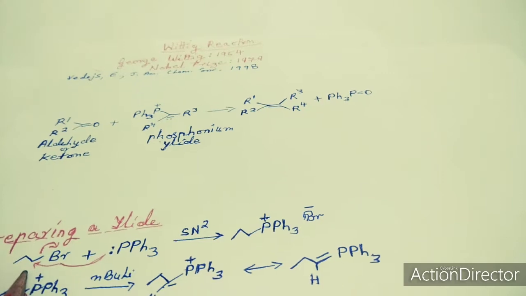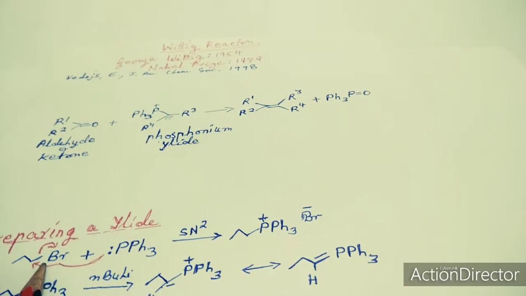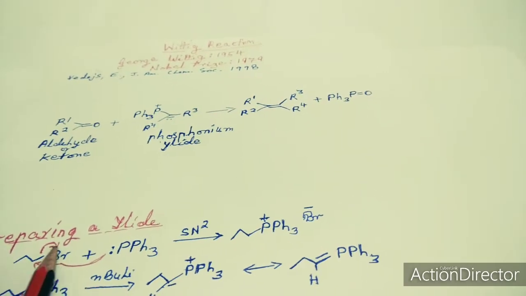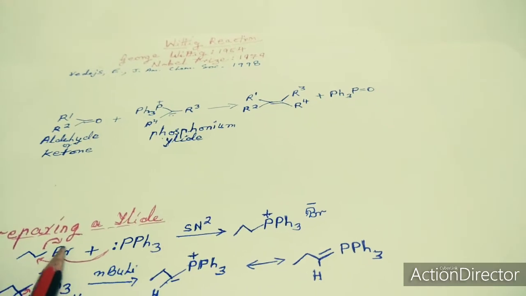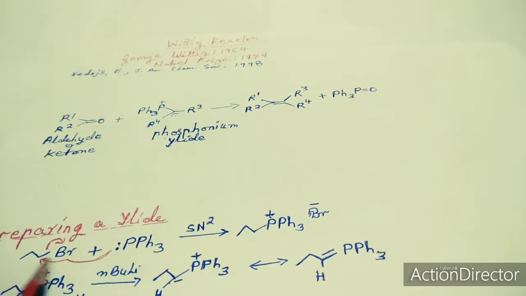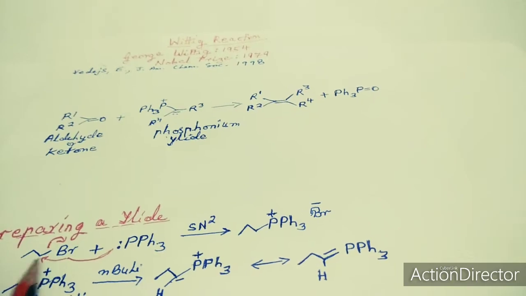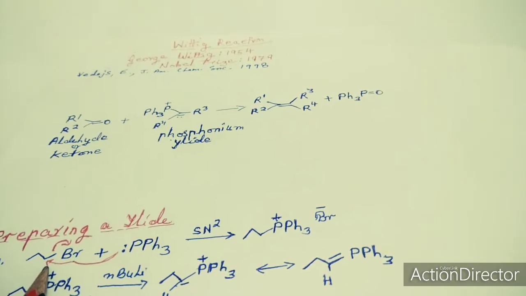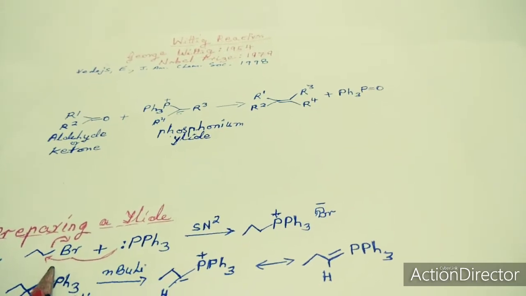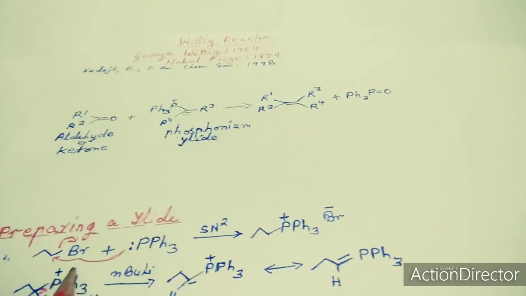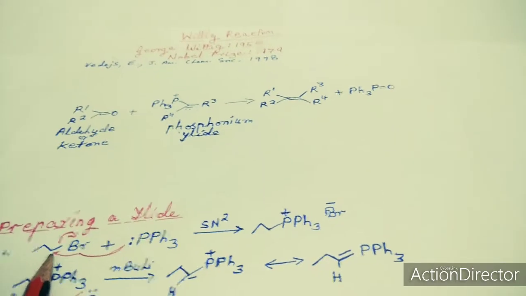Why are they pulled towards the carbon? Because the Br tends to leave as Br negative. This is pulling the electrons towards itself. As a result, this bond becomes weak, and an SN2 substitution takes place in one step. So in one step, this attaches here.